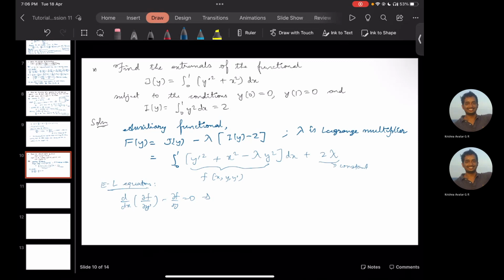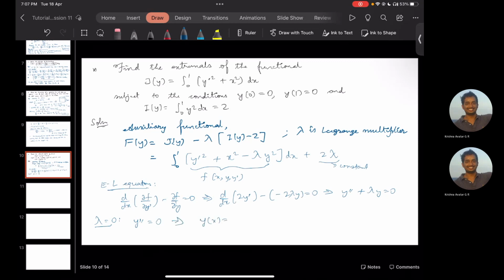This implies that 2 y double prime minus of minus 2 lambda y is equal to 0. Factoring out 2 gives us y double prime plus lambda y is equal to 0. Now we can have 3 possibilities for lambda. Lambda is equal to 0, so y double prime is equal to 0, right?